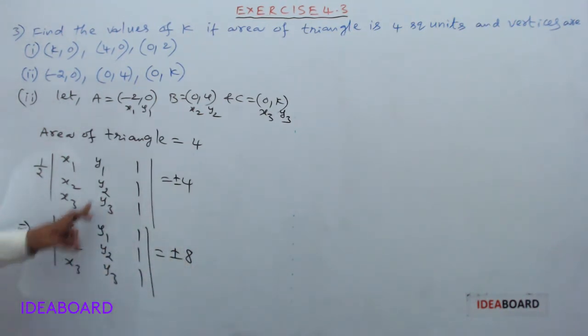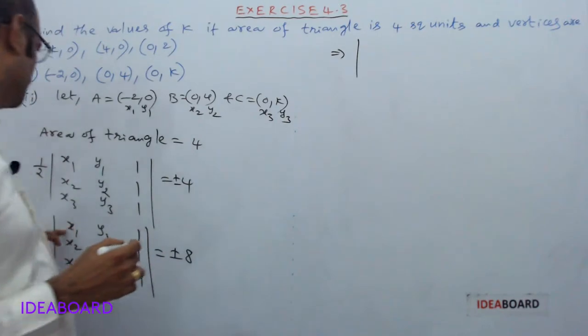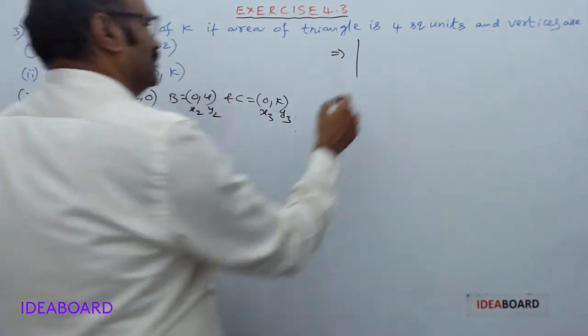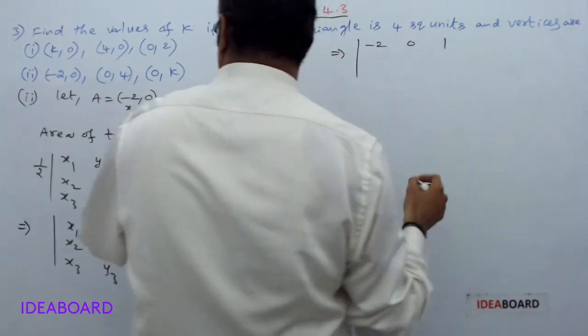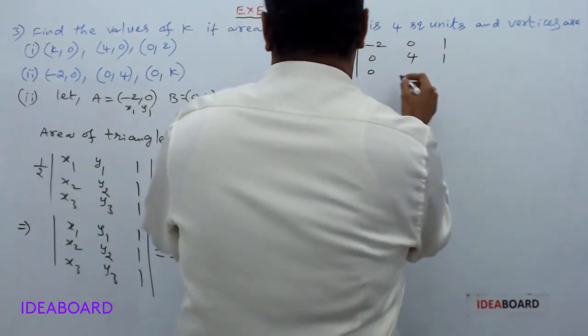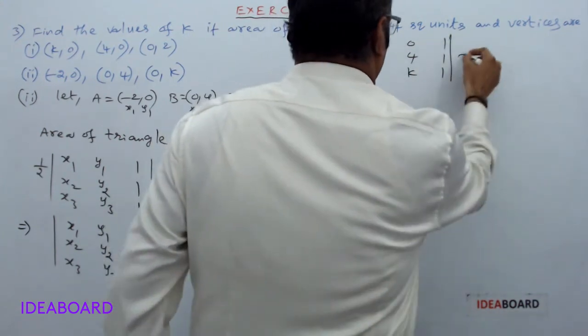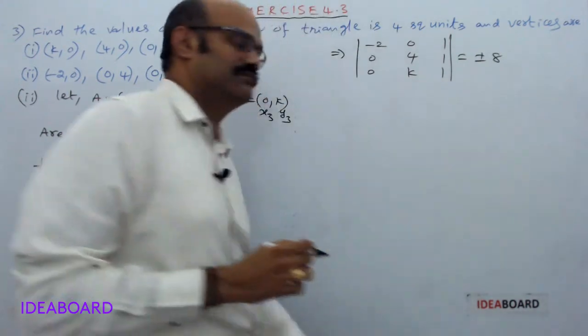Now x1 is minus 2, so the determinant of minus 2 0 1, 0 4 1, 0 k 1 equals plus or minus 8.